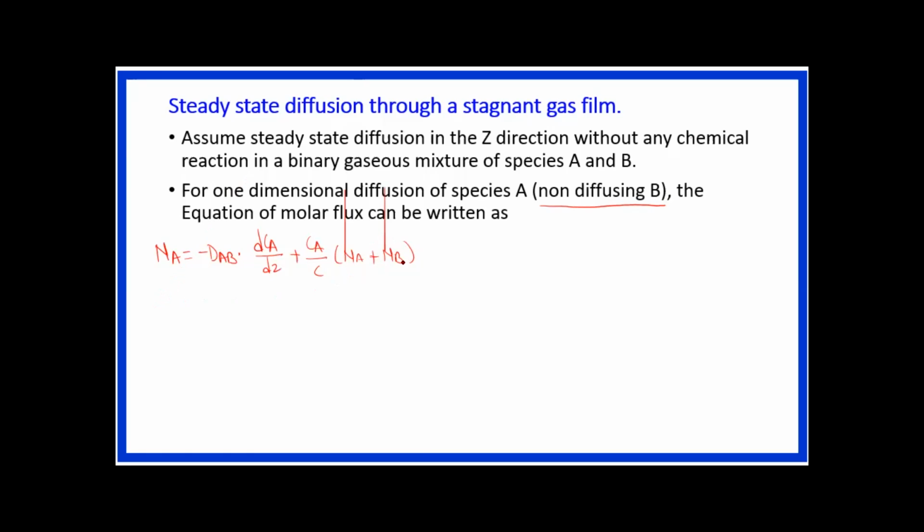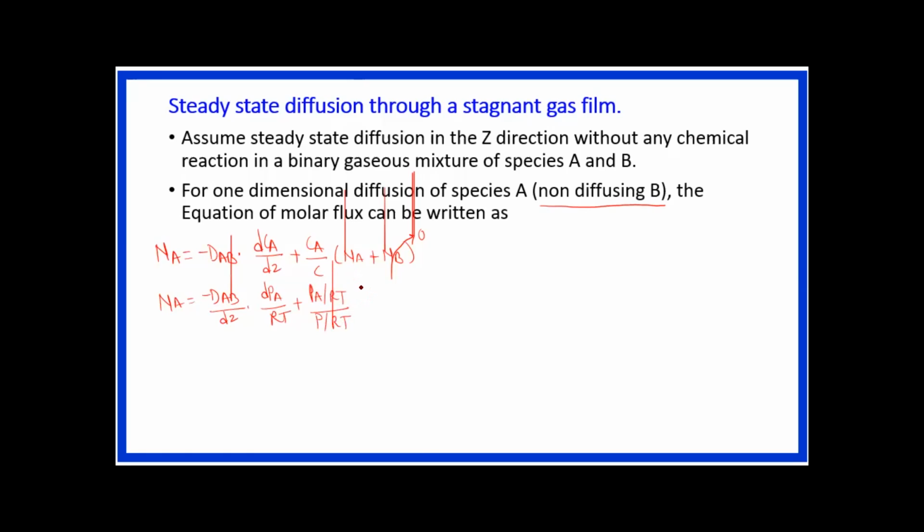Now as it is a non-diffusing B case, so this NB becomes 0, right? And we can replace this dCA in terms of dPA by RT. Minus DAB, and dCA is replaced by dPA by RT. Now this CA is going to be replaced by PA upon RT, and this C is going to be replaced by P by RT.